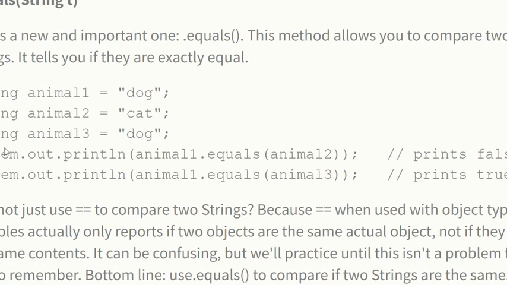For now, we're going to print things using dot equals, and they'll print either true or false. True if they're the exact same string, and false if they're not. Bottom line, if you're going to compare 2 object variables, you have to use dot equals. And if you're comparing 2 primitive variables, you have to use 2 equal signs.